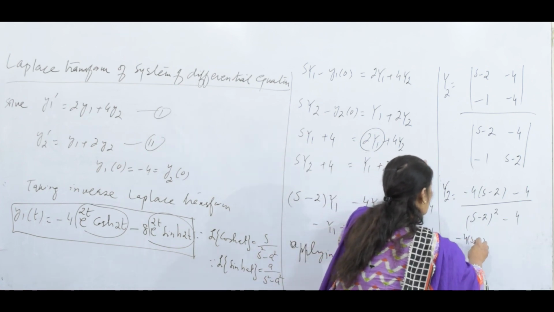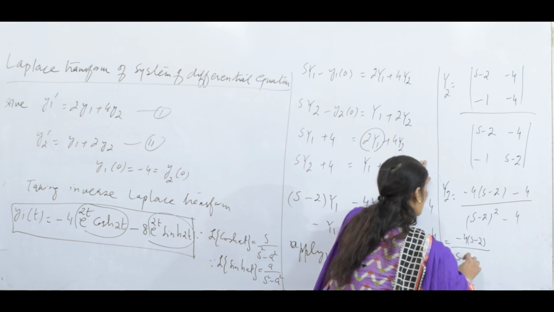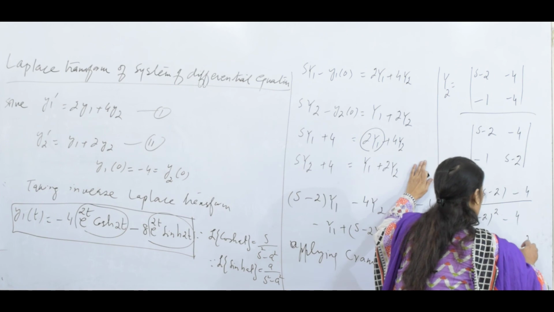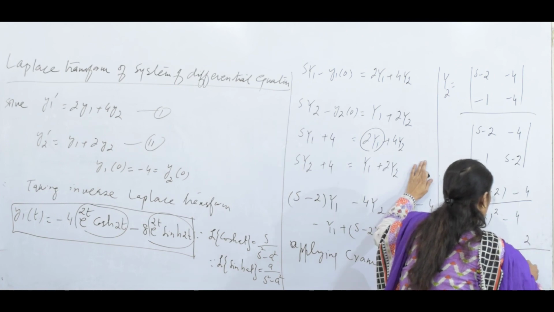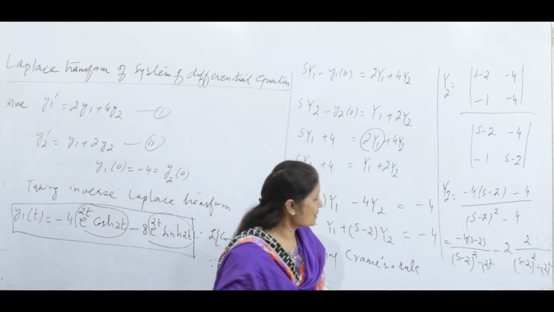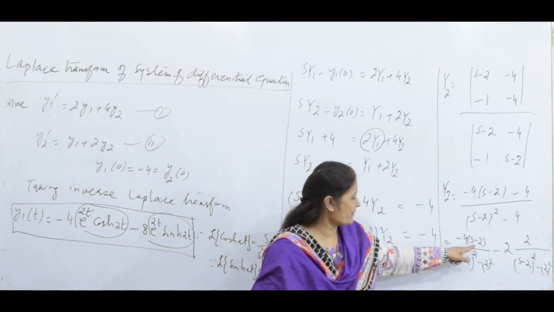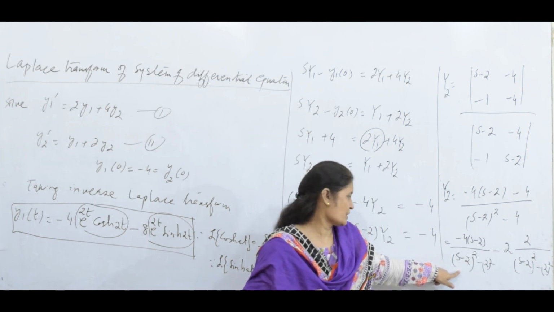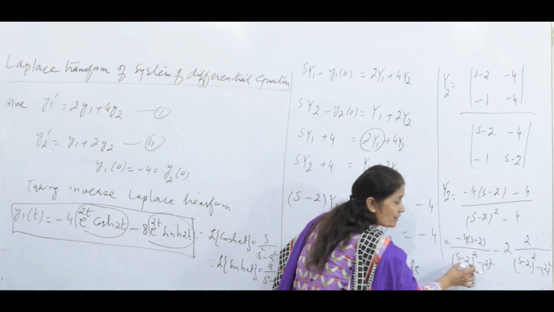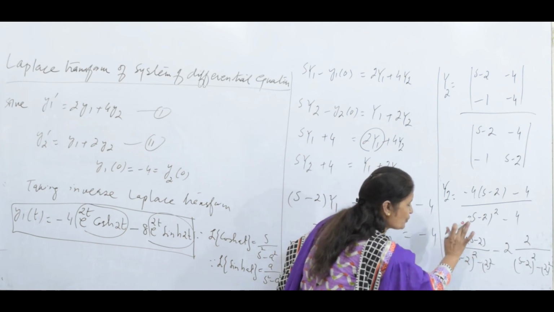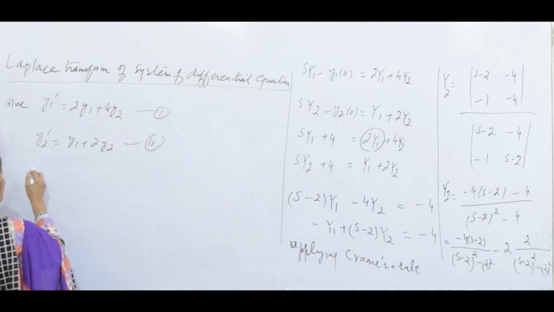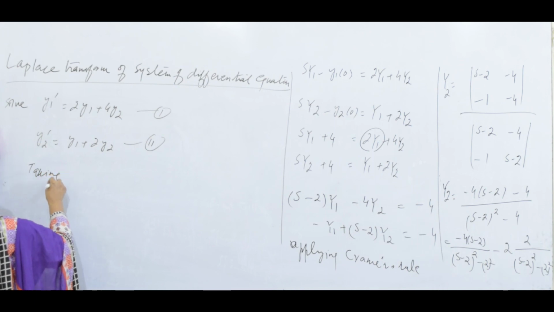This is (s-2) over (s-2) whole square minus 2 square, minus 2 times 2 square over (s-2) whole square minus 2 square. It is good not to simplify this, because s is already shifted to s-2 and in the denominator it is s-2, so it is ready for the inverse Laplace transform. So the last step is taking the inverse Laplace transform.